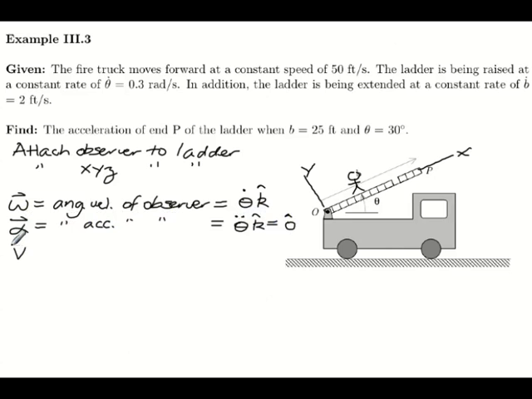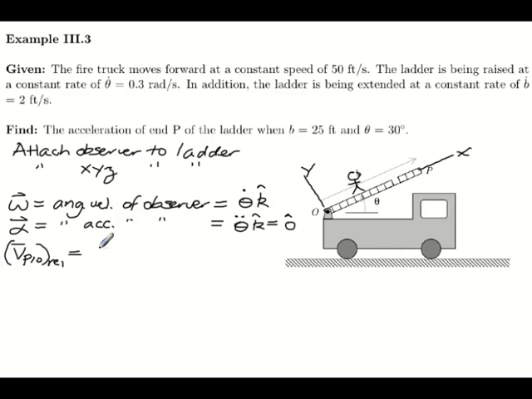The relative velocity term. The question we ask ourselves here is, what does the observer see for point P? Well, what the observer sees is simply the fact that the ladder is being extended. They are not aware of the fact that they themselves are rotating as the ladder is. All they see is that extension.